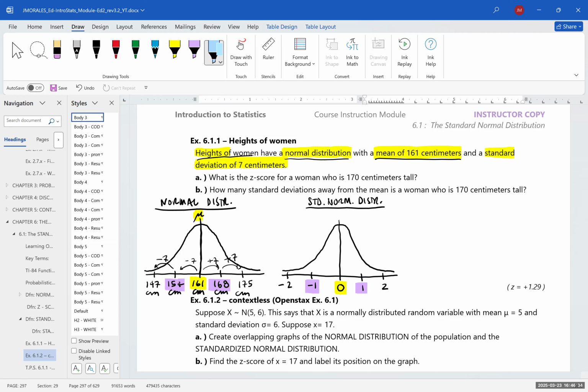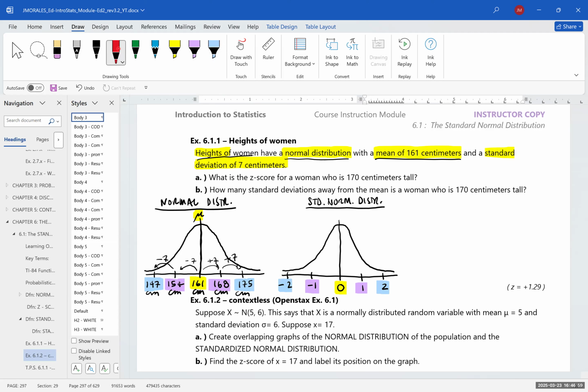And on our standardized normal distribution, when we go 2 standard deviations above and 2 standard deviations below, that correlates to 161 plus 2 standard deviations above and 161 minus 2 standard deviations below.